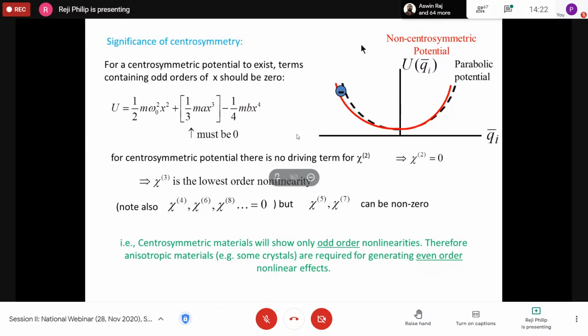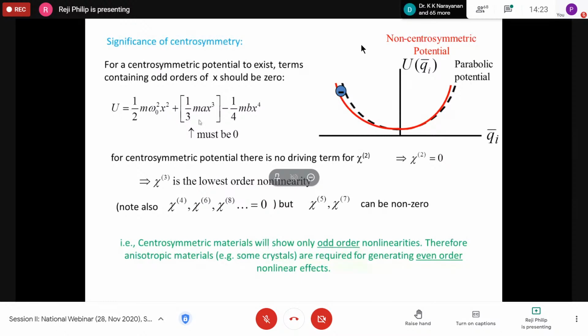So if your molecule is centrosymmetric, then you will not have these terms. The x to the power 3 term will be 0. Similarly, x to the power 5, x to the power 7 will all be 0 if your material has a center of symmetry. What that means is that centrosymmetric materials will show only odd order nonlinearities.